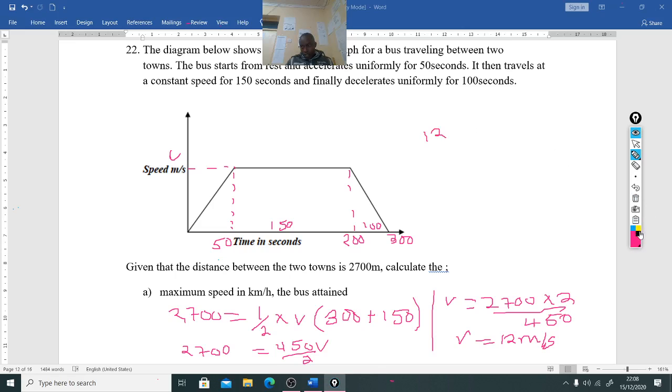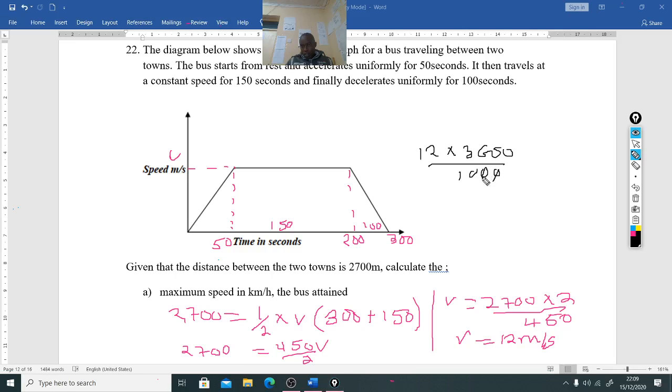If we needed it in kilometers per hour, it is now 12 times 3600 all over 1000. We divide by 1000 because we know that 1 kilometer is 1000 meters.